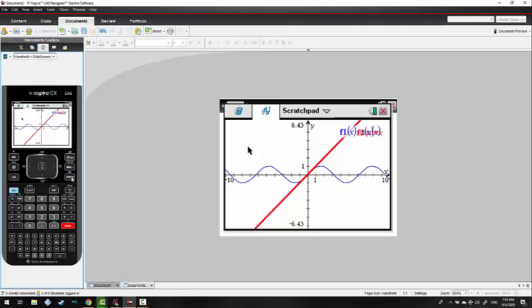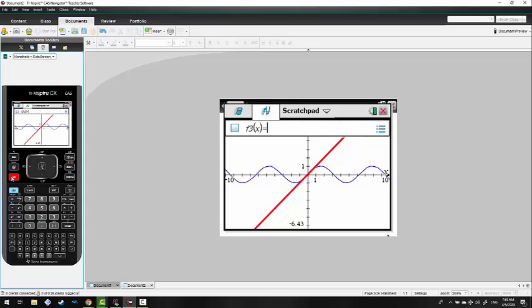Very bad approximation, except right in this little window right here. If I just leave it in this very little window, I'm going to have a convergence where the red is on top of the blue.